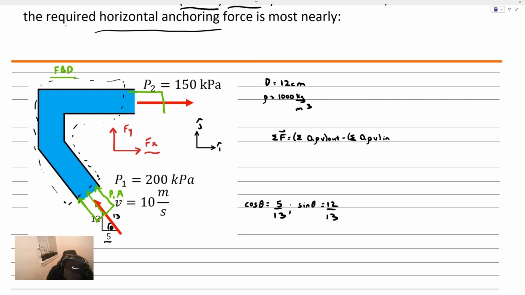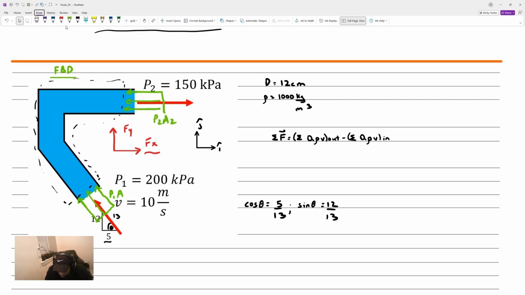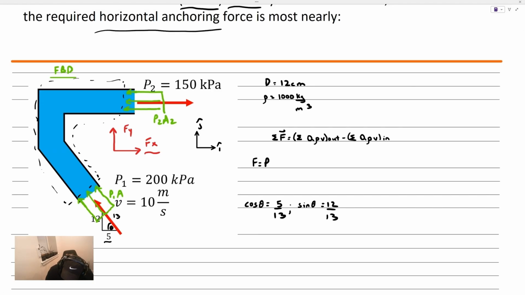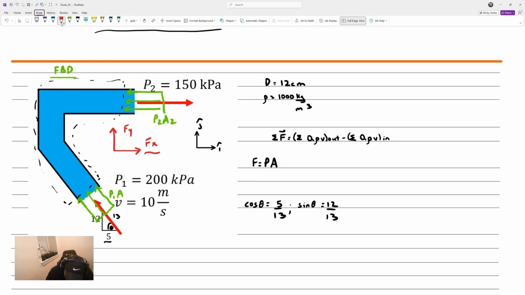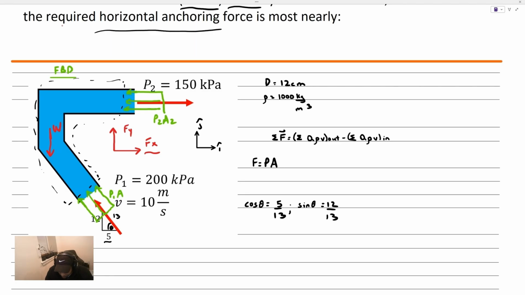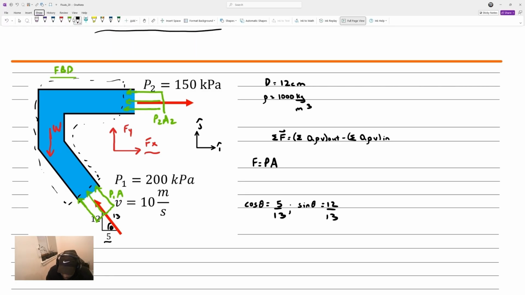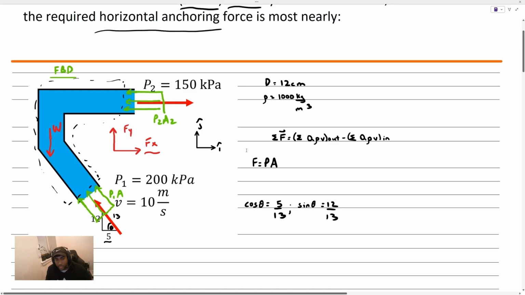Everywhere you cut the body and there's fluid entering or exiting, you have a pressure distribution. This is P2A2. Remember that a force is just equal to a pressure times an area, which is what we're doing here. We'd also have a weight term due to the weight of that water in the system. Okay, this looks like everything that we need to draw on our free body diagram. Now, all we need to do is plug into the equation and pay attention to some of these sines and cosines. Make sure we get all our signs correct, which is, I think, the hardest part about these problems.